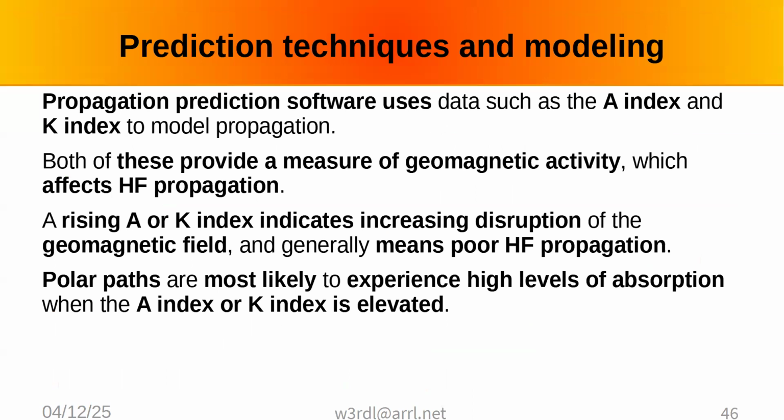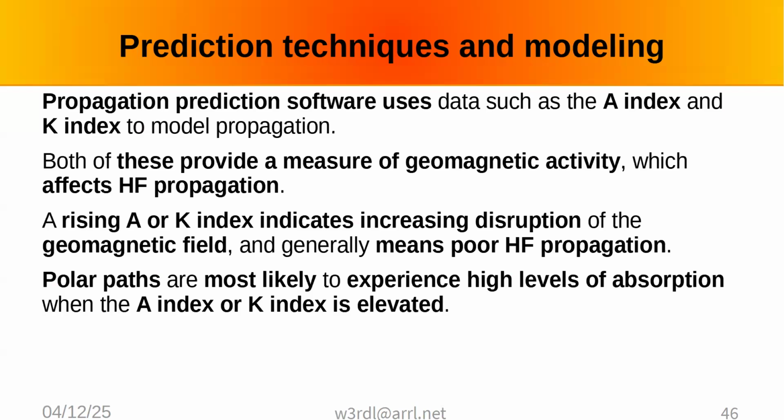Okay, some of them use the A index and the K index, and they're both indicators of geomagnetic activity. The higher the index, the more geomagnetic activity, which usually means negative propagation.